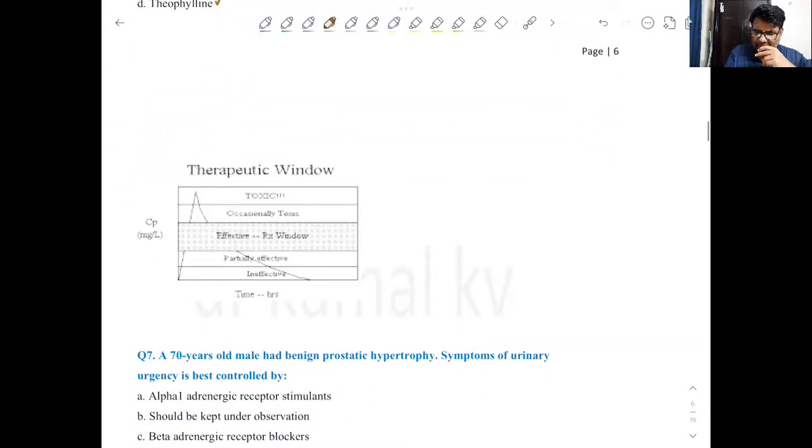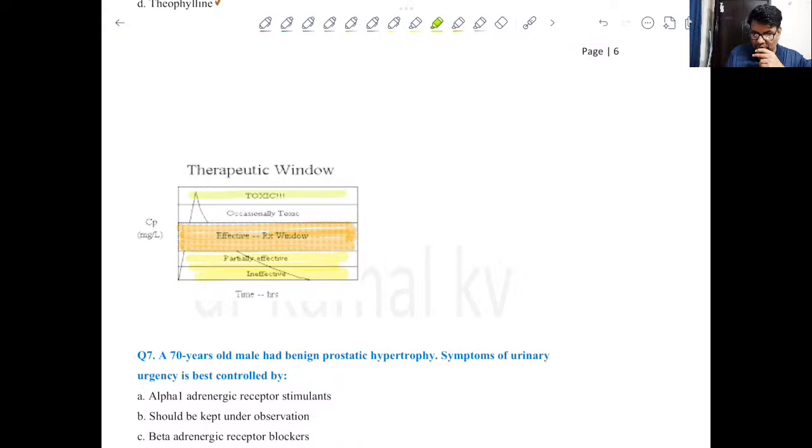So if we see here, this is the safer blood range in which the drug will produce good effects, right? So this is the therapeutic range. If the values are below this, less effect, or you can say there is no benefit of giving the drug.